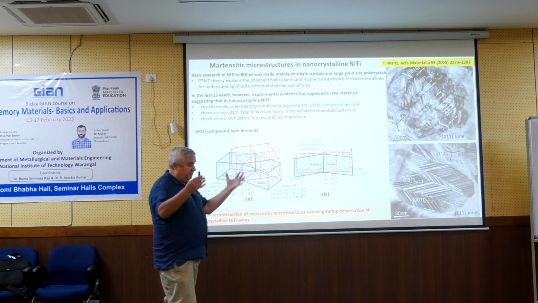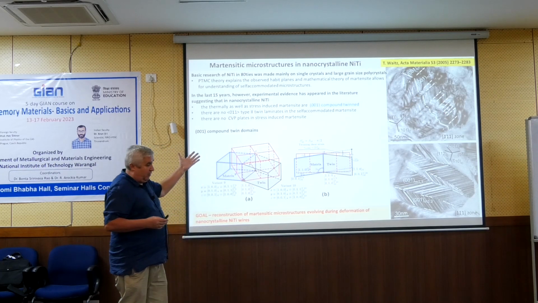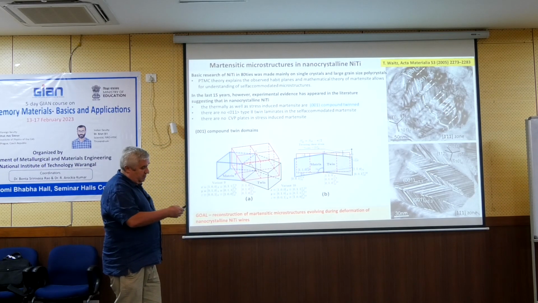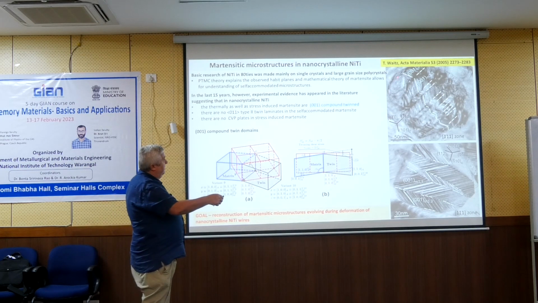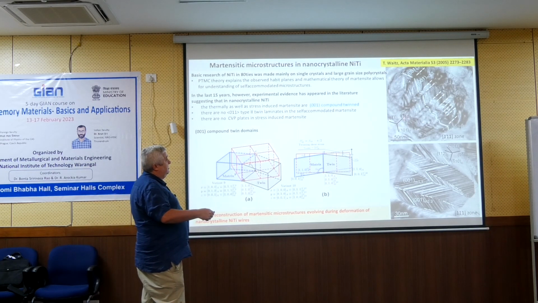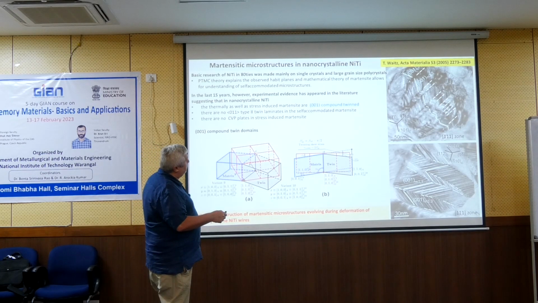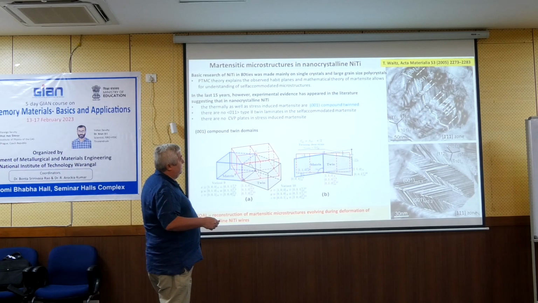We knew all this information which was introduced before, but at the same time we knew that in nanocrystalline materials the martensite looks very different. It looks like this. This is a paper by Thomas Waitz from 15 years ago when he did high pressure torsion of nitinol in the martensite state, and then the grains were small, and this was the microstructure of martensite inside the grains.